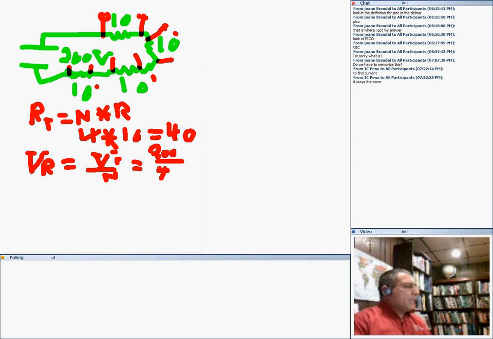So that will give me 200 divided by 4, which is 50. The voltage across each one of these is 50, 50, 50.